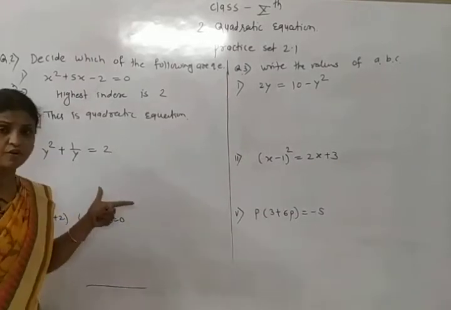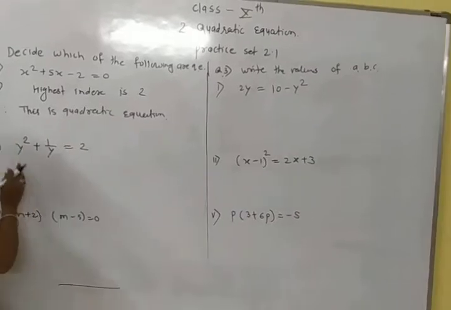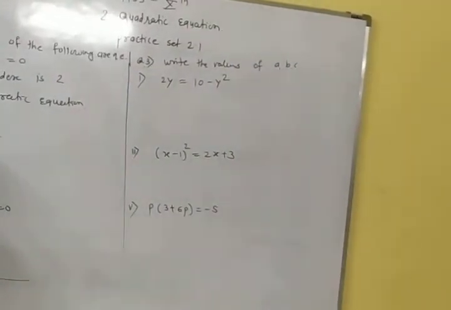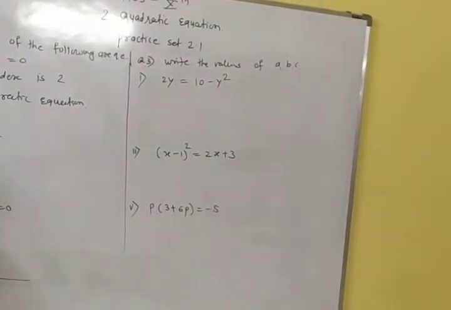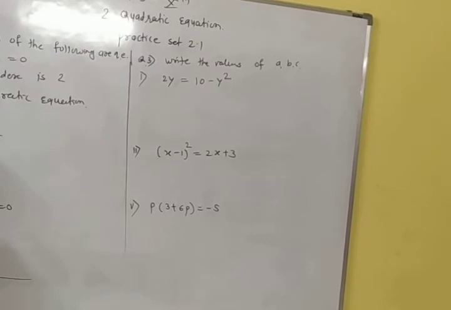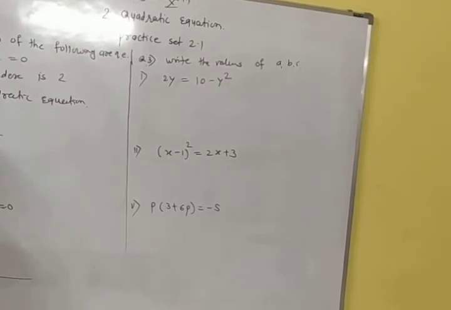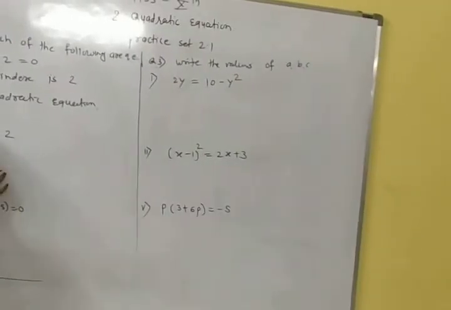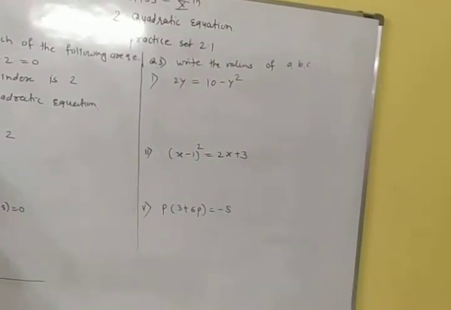First, we have to convert it into quadratic form. Multiply y square into y cube plus 1 divided by y equal to 2y. Sorry, equal to 2.